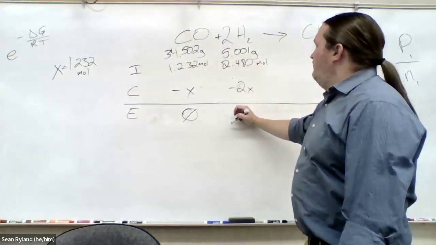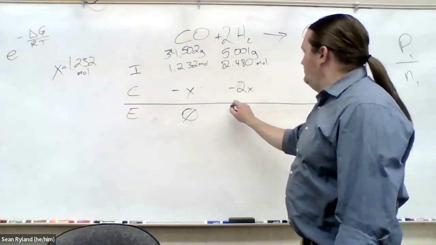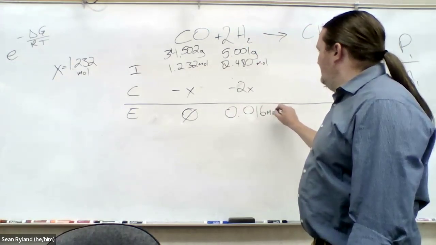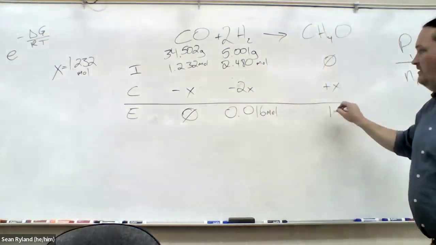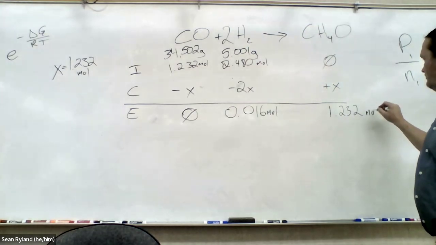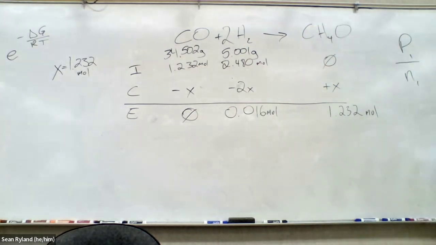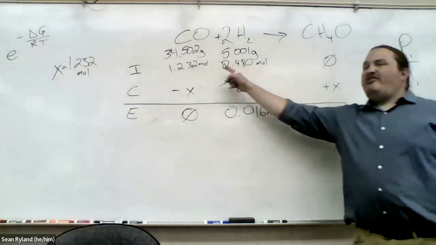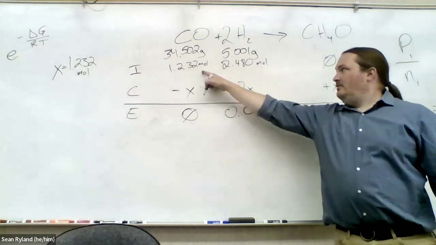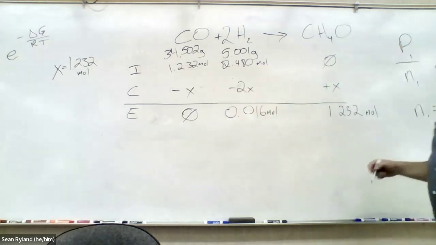So we said 2.464. So that's going to be 0.016 moles left. And over here, 1.232. So N2 is going to be the sum of everything. Everything we ended with, so just add these together.